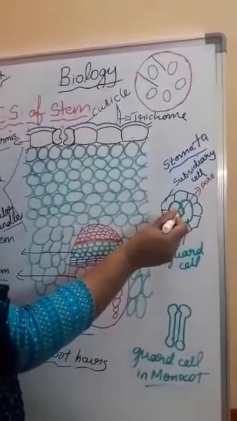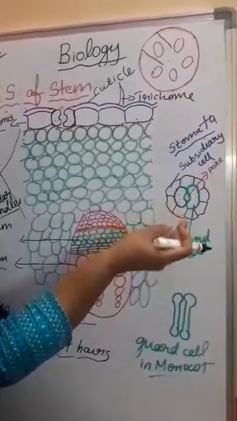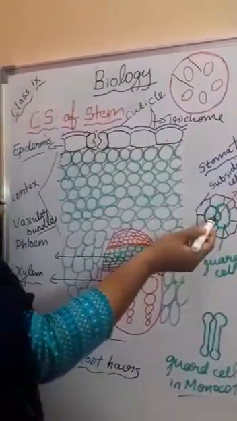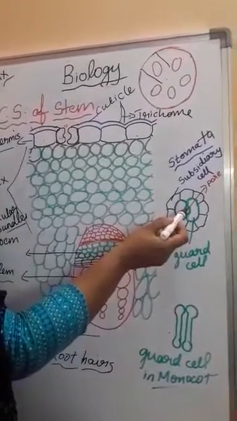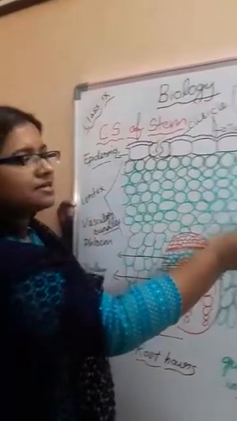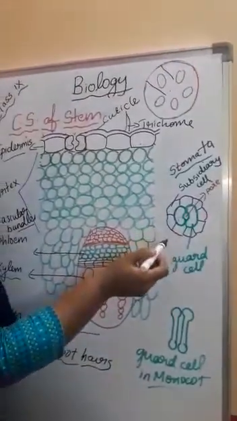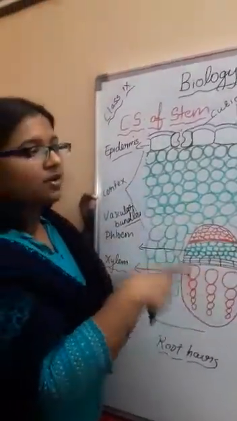Through the opened stomata, the exchange of gases and the evaporation of water through transpiration occur through this pore, which is a stomatal pore. Around the guard cells, some cells are there that are called subsidiary cells.